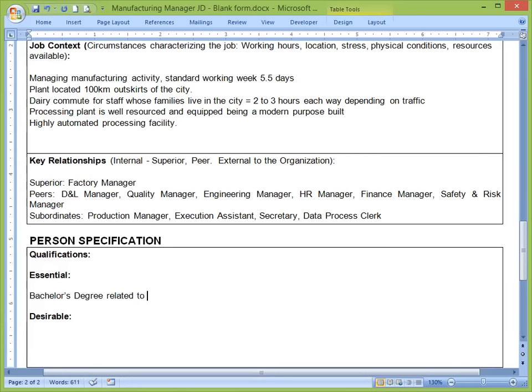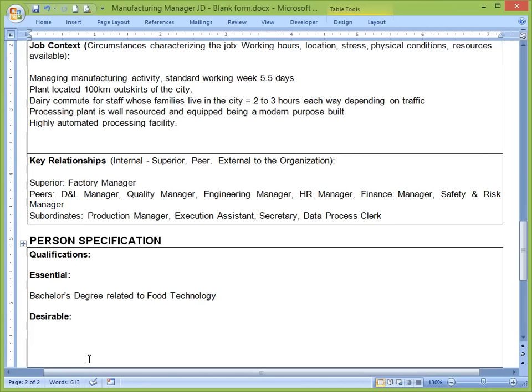You can say related to food technology, because we are talking about a manufacturing plant for food, FMCG. In India, most of the positions are recruiting dairy technology graduates because in India they're really good when it comes to manufacturing of milk, especially fresh milk.